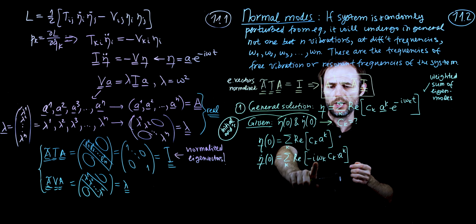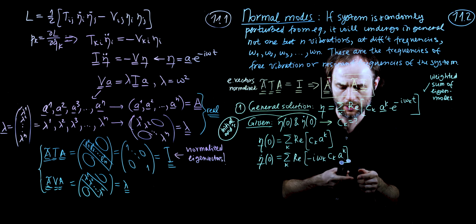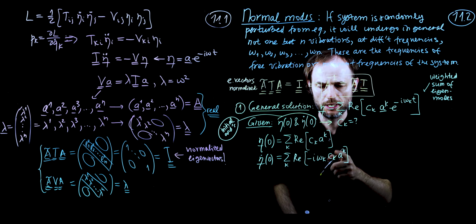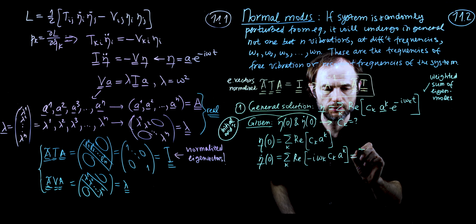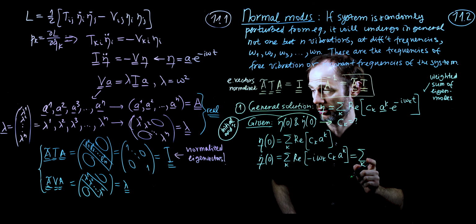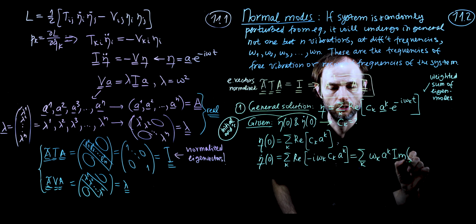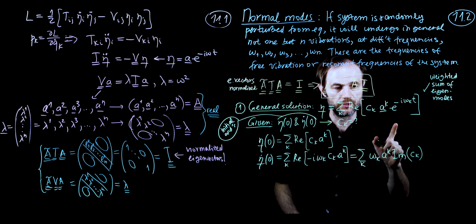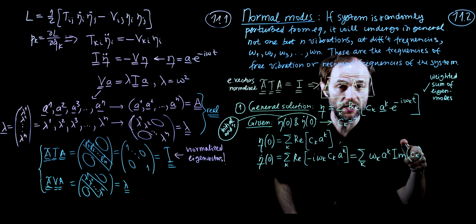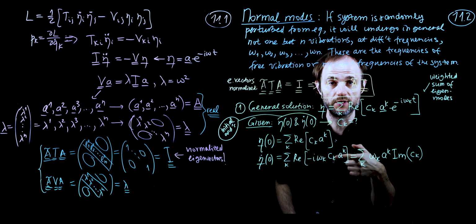So see, we have a real part of minus i times something. So what can we do about that? The real part of minus i times something is actually going to be a sum of the imaginary parts that correspond to that, the imaginary part of ck. Because if ck, let's say, is i, if we were to multiply by minus i, we would get 1.